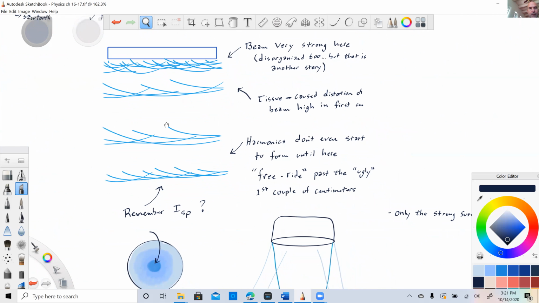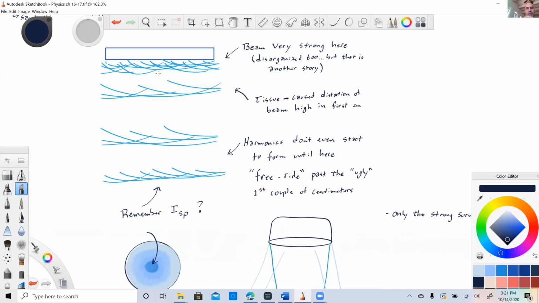All right, so the beam, as it leaves the transducer, is at its strongest.